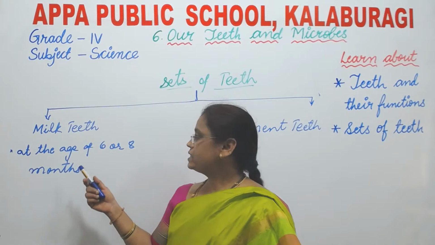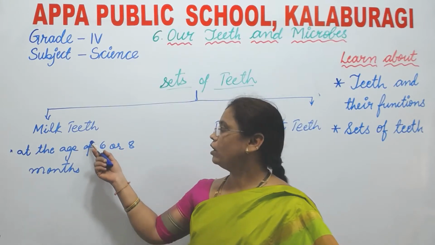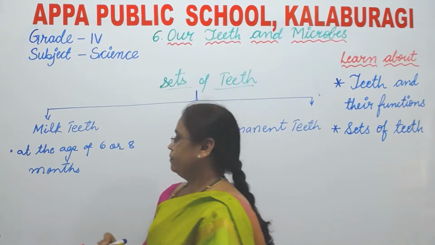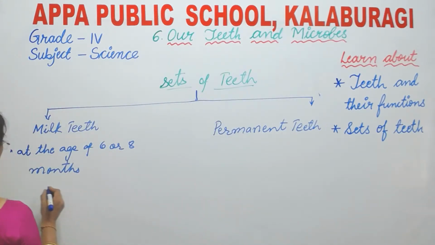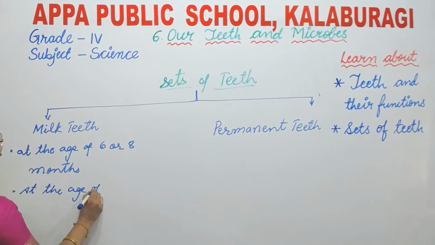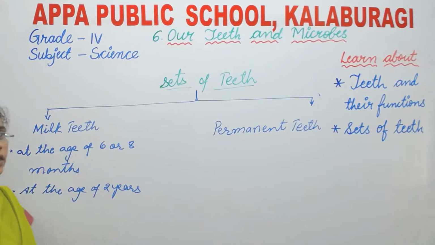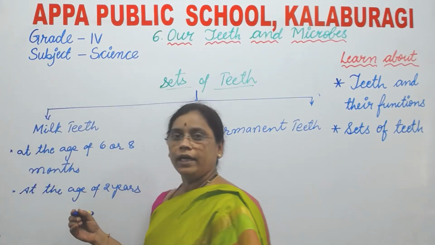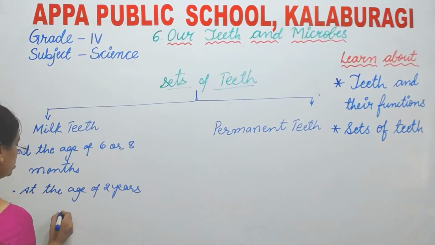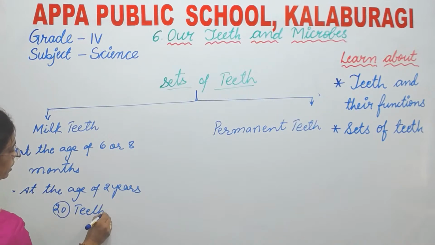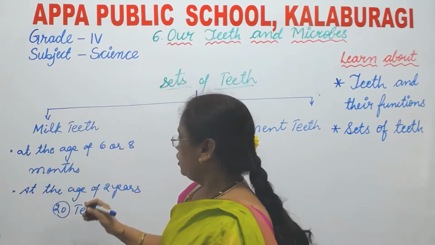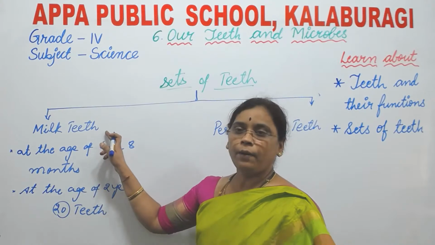This set of 20 teeth is called milk teeth.